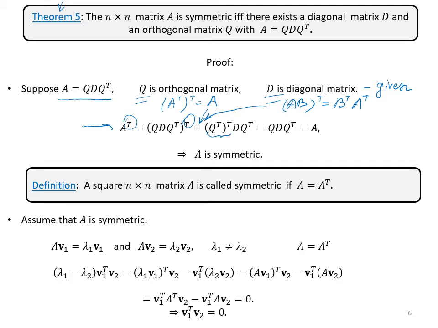So here, let's say property 1, property 2.